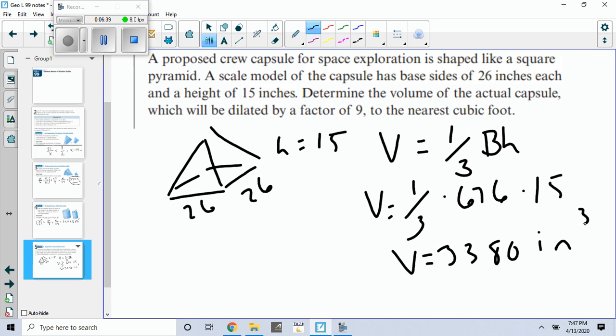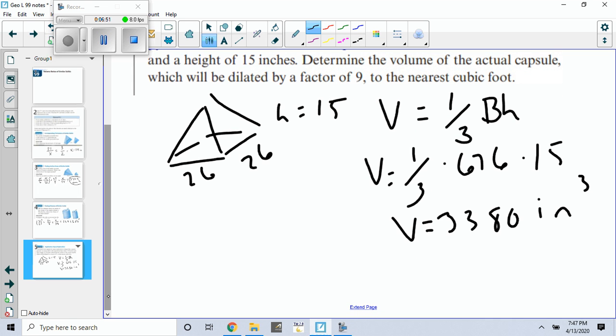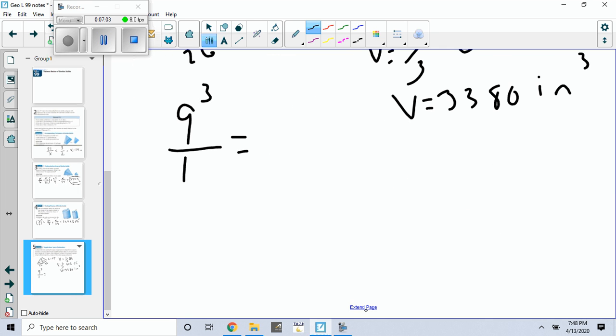But it tells us that the volume of the actual capsule will be dilated by a scale factor of 9. So if we were to set up a proportion, 9 cubed over 1 cubed, which is just 1, equals the volume of the scale model, which is 3380 inches cubed. And then this right here, we don't know the volume of the actual.